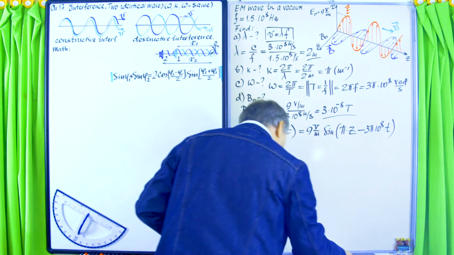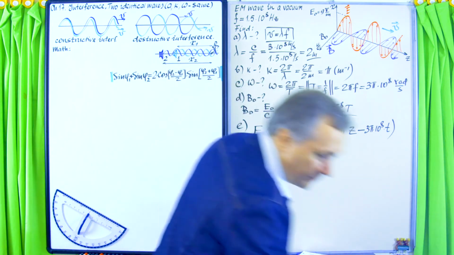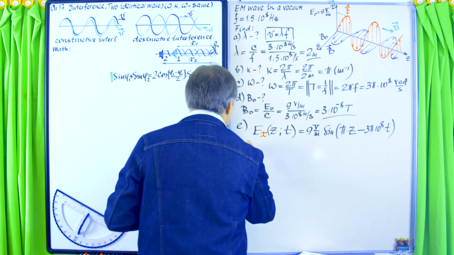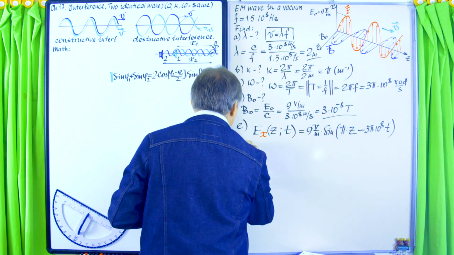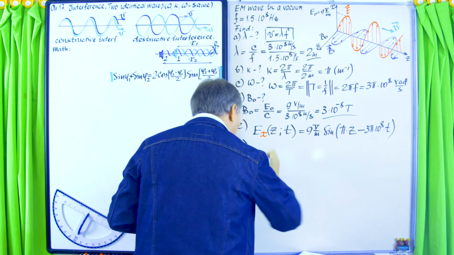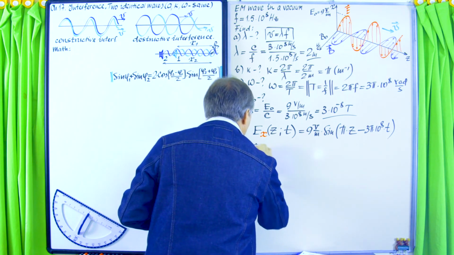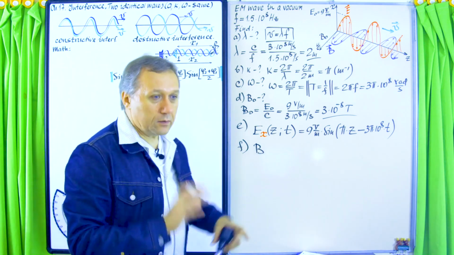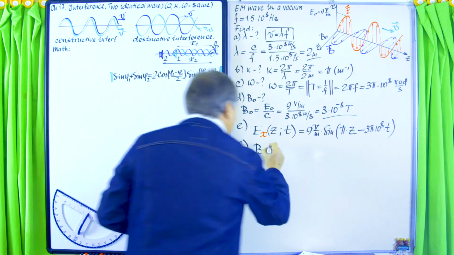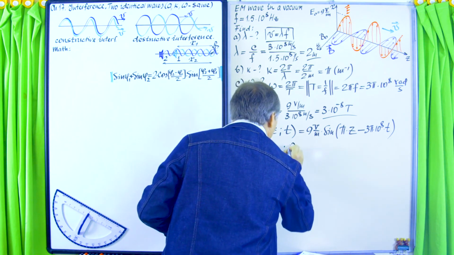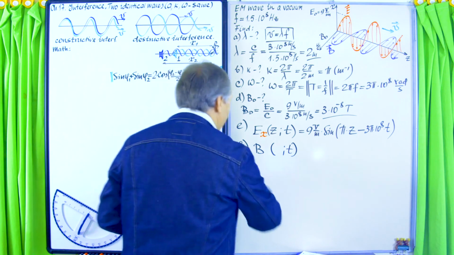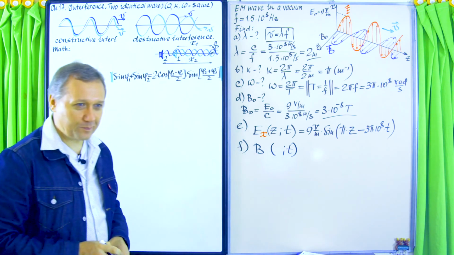So what else? Yeah, the magnetic field. Let me finish this. A, B, C, D, E, and F. So the magnetic field, B, of course will be T. Then which subscript do we have to use?